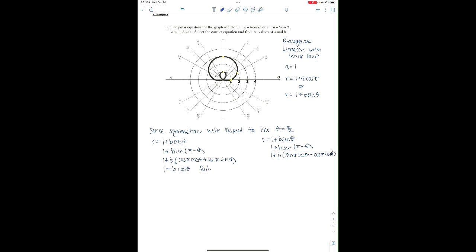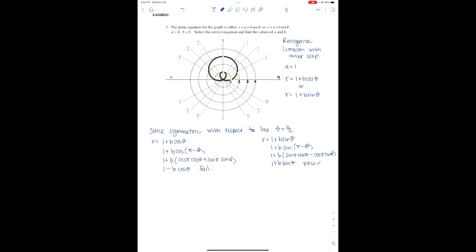Then we've got 1 plus b sine theta, and that passes. So we know that it is the sine version.